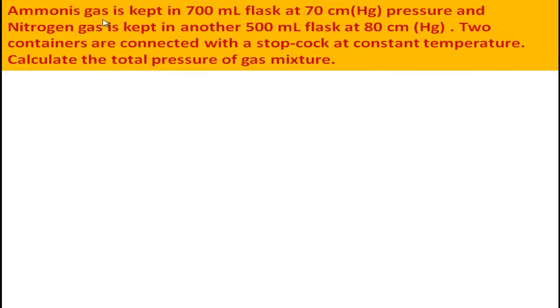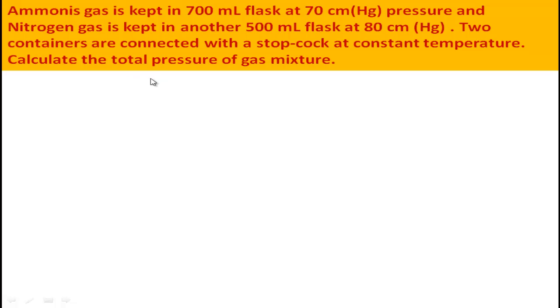Now follow the another math. Ammonia gas is kept in a 700 milliliter flask at 70 centimeter mercury pressure, and nitrogen gas is kept in another 500 milliliter flask at 80 centimeter mercury pressure. Two containers are connected with a stopcock at constant temperature. Calculate the total pressure. You know that.